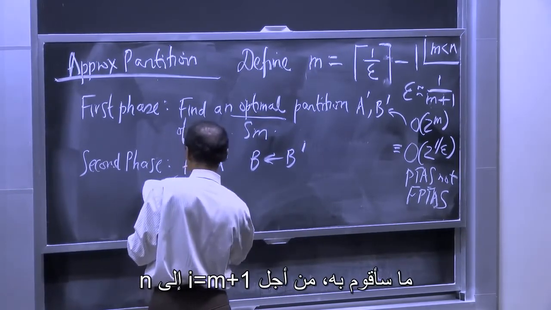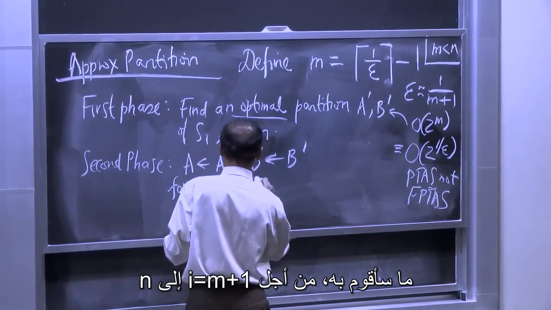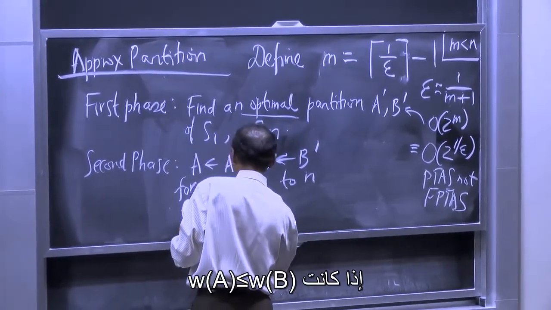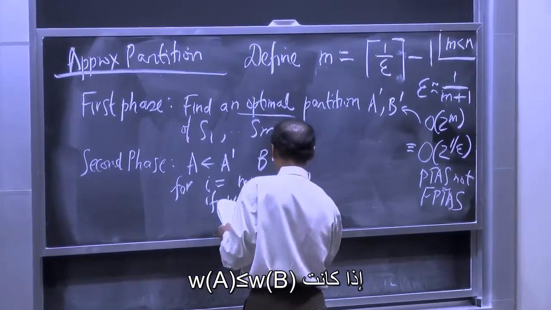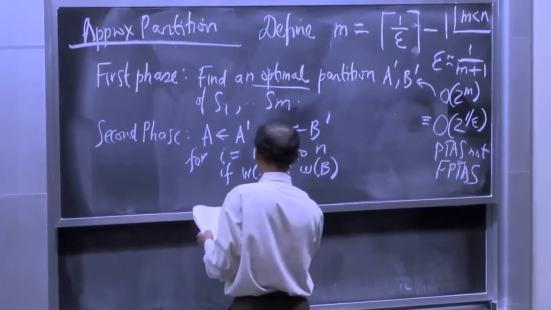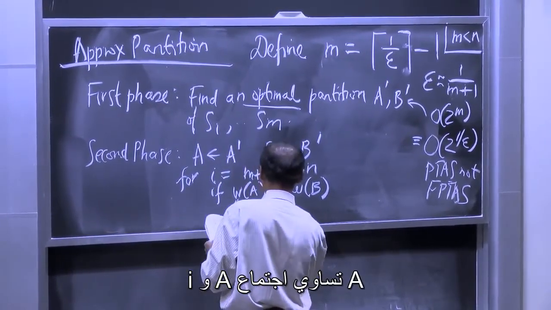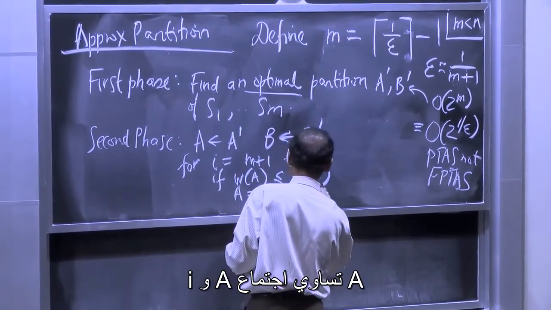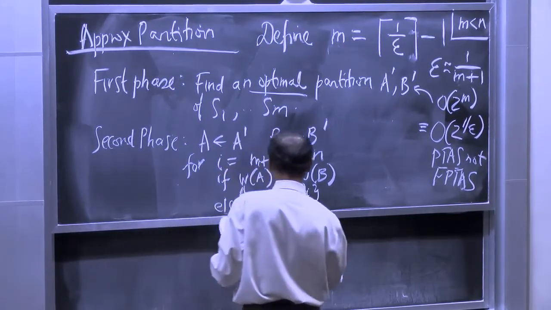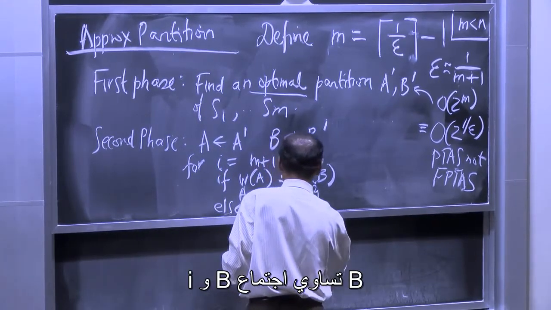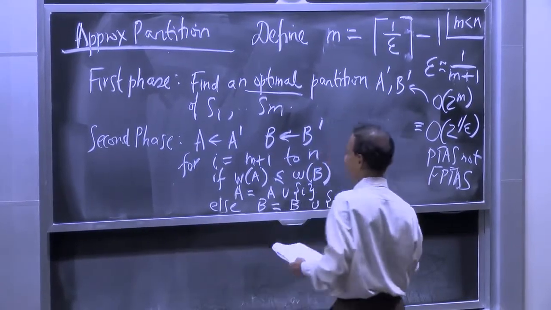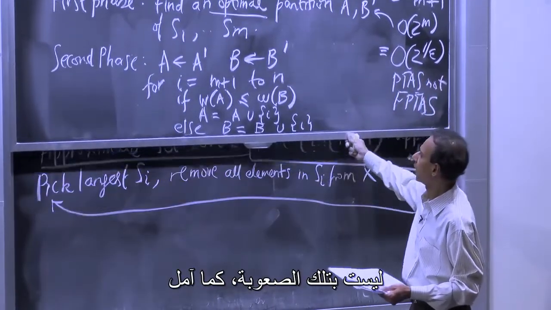And what I'm going to do is for i equals m plus 1 to n, if WA is less than or equal to WB, A equals A union i, else B equals B union i. Okay, so it's not that hard to see, hopefully.